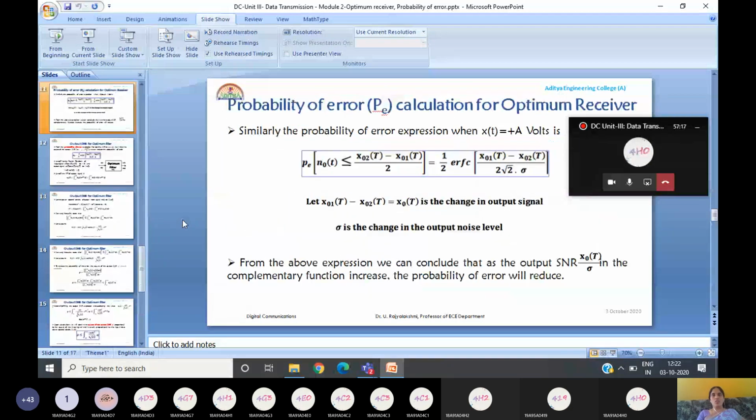Can any one of you tell me the expressions for the optimum receiver? Tell me the expression for probability of error, output SNR and transfer function. Can any one of you tell me what is the probability of error expression for the optimum filter receiver?